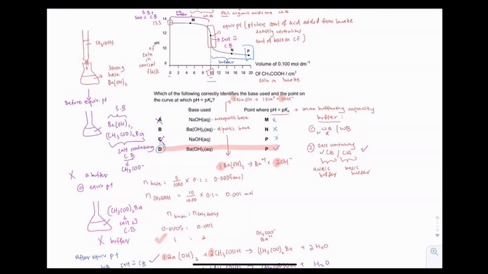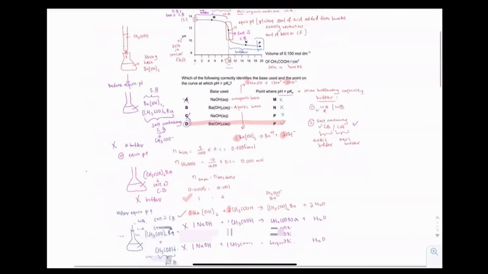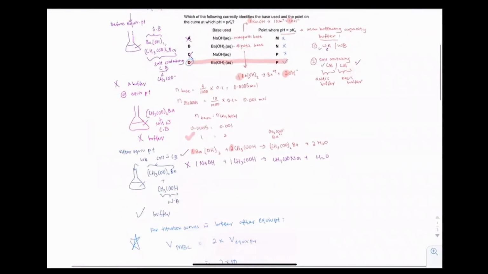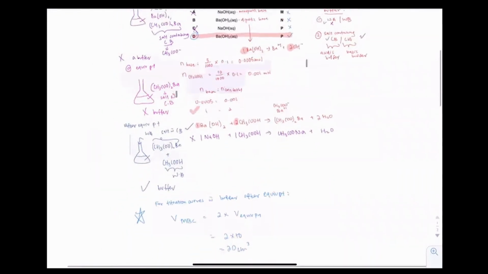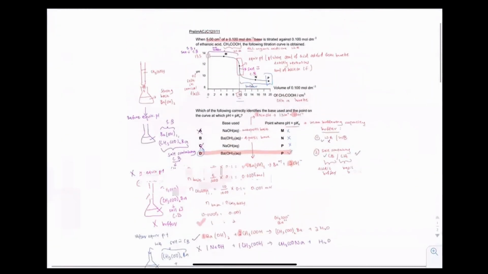Okay, so over here, I'd like to just very quickly go on to something unrelated to the question. So in this question, we went through a situation whereby we are adding something weak, a weak acid, from the burette into something strong in the conical flask. So therefore, my buffer is after equivalence point, correct?